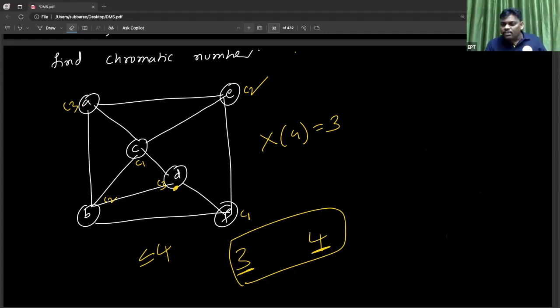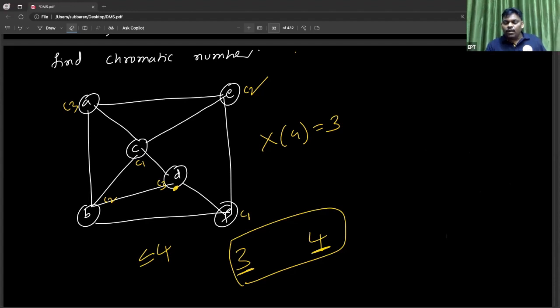Shakir, whatever you said, I will say okay. If at all outside gives fewer colors, if anyone is giving fewer colors than 3, then I will take it.